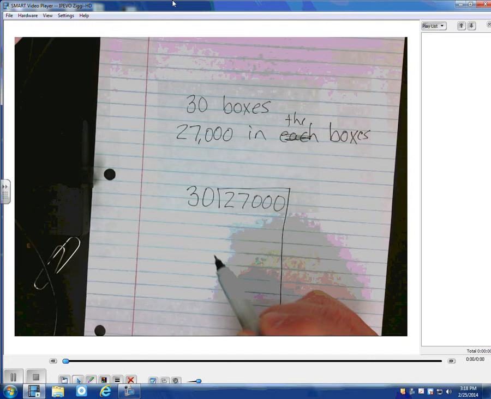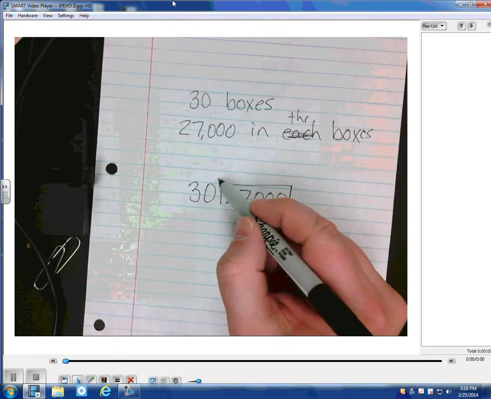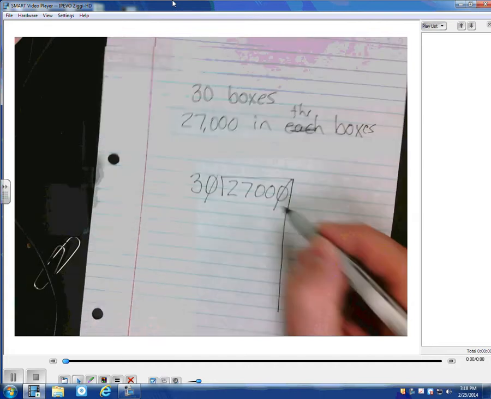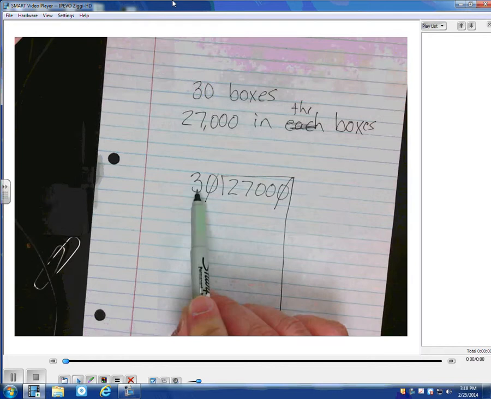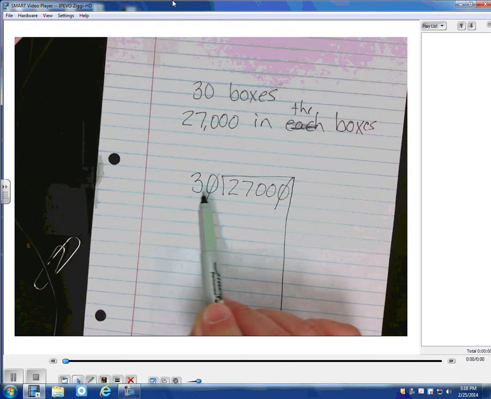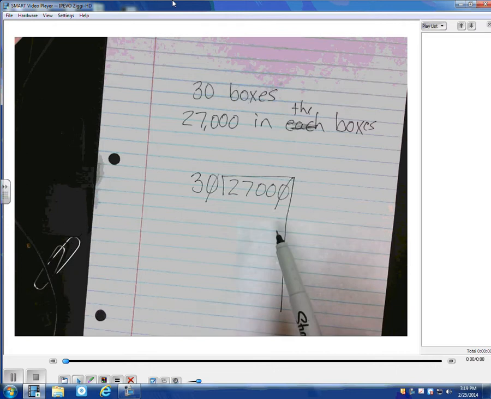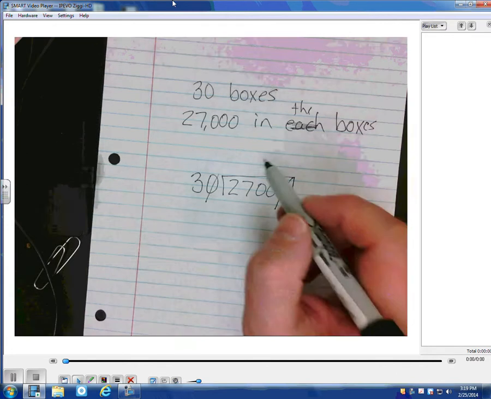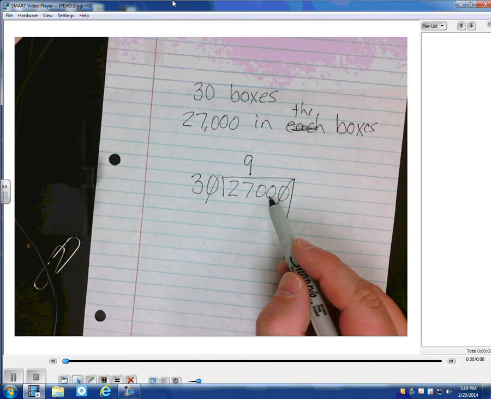I have a 0 here, and I have a 0 on the back end here. I can take this 0 off here, and I can get rid of that 0 there. Now I can ask myself, how many times can 3 go into 27? So 3 times what equals 27? The answer is 9. And then I would just add my 2 zeros.